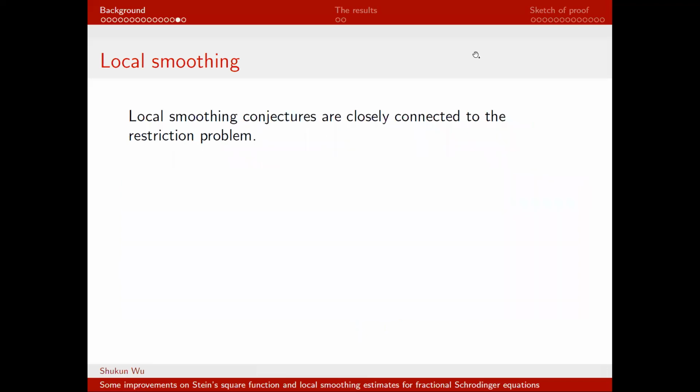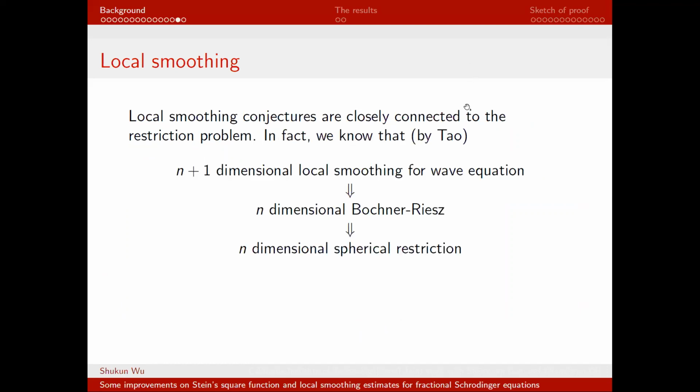Yeah, and local smoothing conjectures are closely related to the restriction problem. In fact, we know that the n plus 1 dimensional local smoothing for the wave equation will imply the n-dimensional Bochner-Riesz conjecture, which in turn will imply the n-dimensional spherical restriction conjecture.